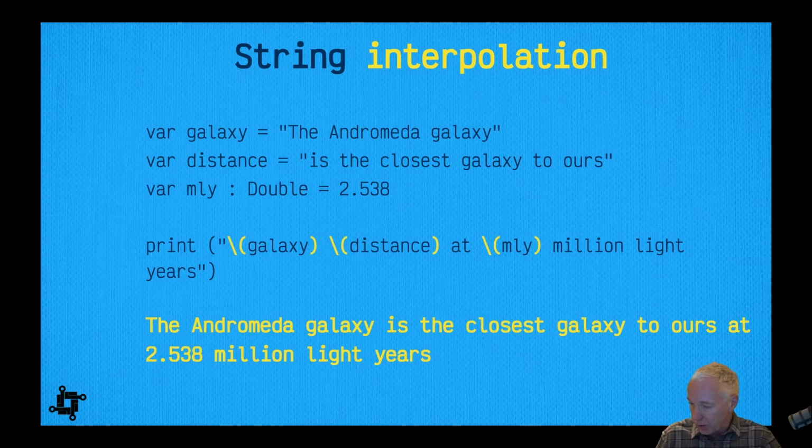So as our string reads here, we can say galaxy distance, so it's the Andromeda galaxy. Distance is the closest galaxy to ours. At, so notice how the string at is put right in there. Then we've interpolated this number 2.538, and then we actually in our text say million light years. So we can create this sentence right here, that string, by a clever use of using strings where we need to and using interpolation where we need to.